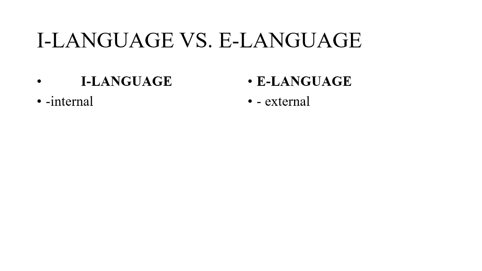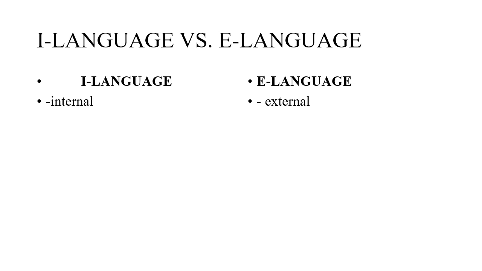Because the E language is external, we can record it, we can collect it, we can put it in a machine and it will give us phonological results and so on. I language is going to be a construct. It's something that we are proposing that is in our mind, which produces the external language.